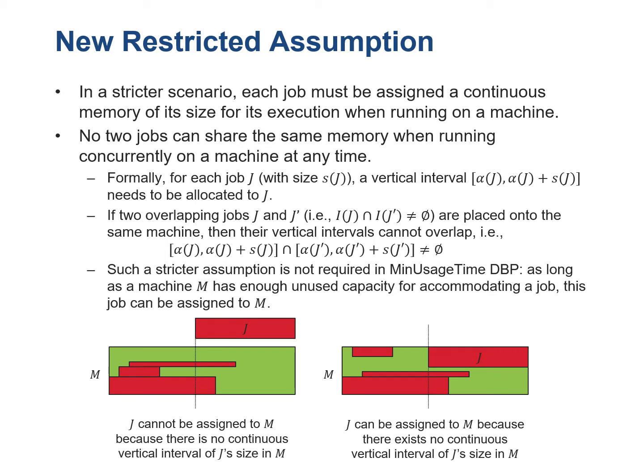For example, under the model of min usage time DBP, such a job J can be placed onto the machine M in a feasible way, but under the strict assumption, such a job can only be feasibly assigned to machine M in the case on the right side, because there is no continuous range of J's size in machine M in the left side case.